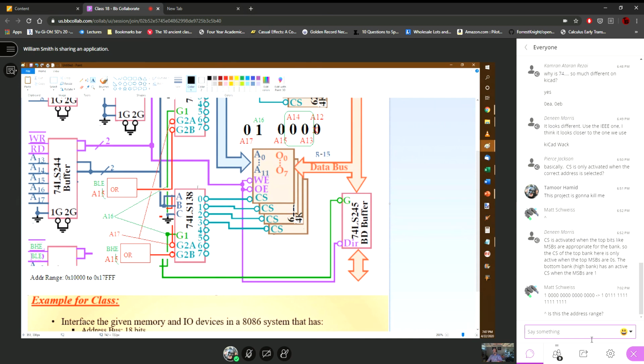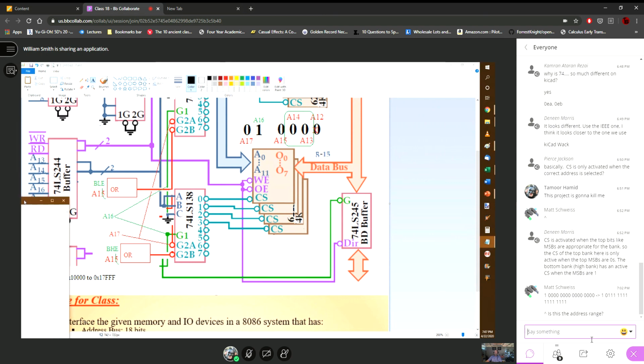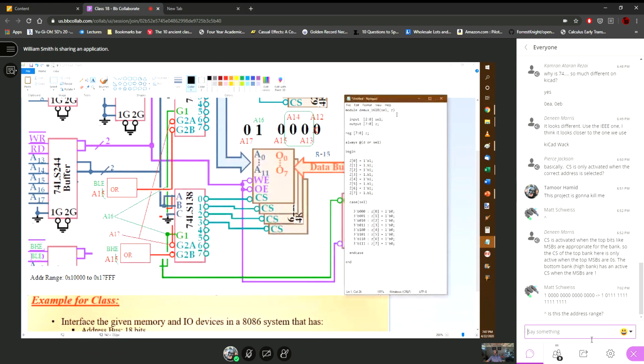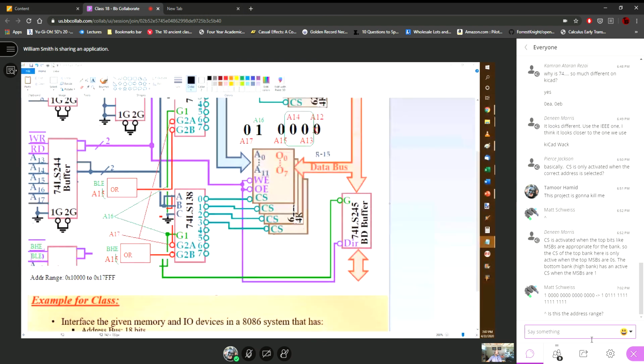So if I was writing code for this situation, I've got inputs A, B, and C, and G1, G2A, and G2B, and I want to write that up to look like a 138. I'm going to have 8 lines. Let's get a fresh one because I don't want to mess this guy up. I'm so sorry, but I can do that in Verilog if that's what we're doing.